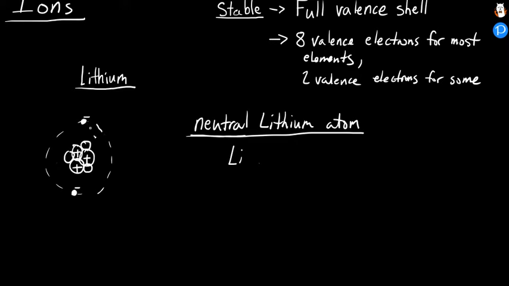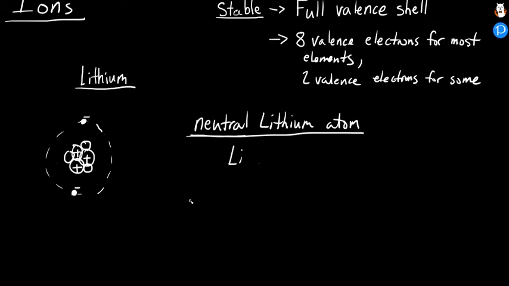And so now I've only got 1, 2 negative charges. So now I have more positive charges than I do negative charges. I have 1 more positive charge than I do negative charge. And so when lithium ionizes, when it loses an electron, it has now become an ion.